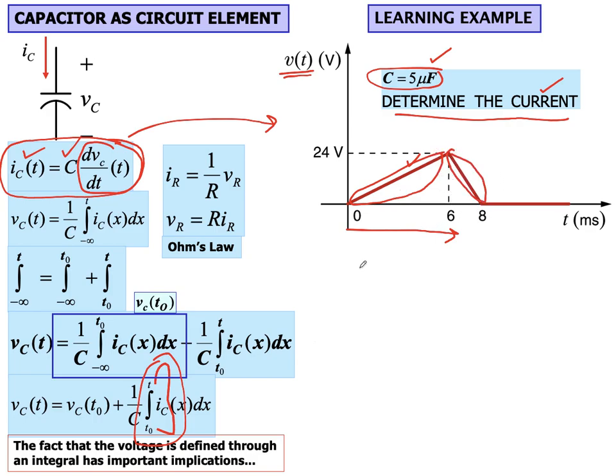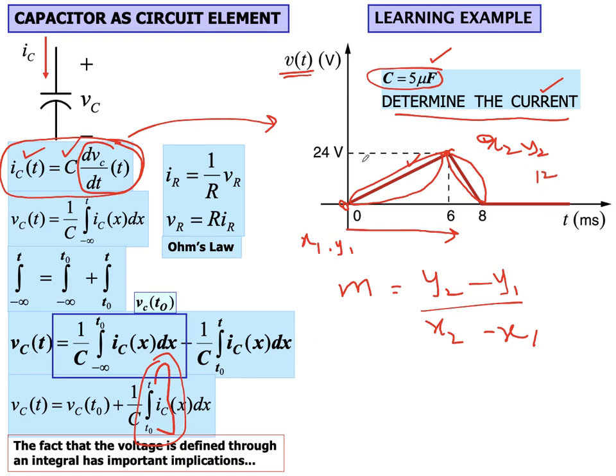How do we find the slope of a line? We know that the relationship is y2 minus y1 over x2 minus x1. In this case, this point is, say, x1 y1, and this point is x2 y2. Here we can see y2 is 12 and x2 is 6 milli, and this point has x1 as 0 and y1 also 0.